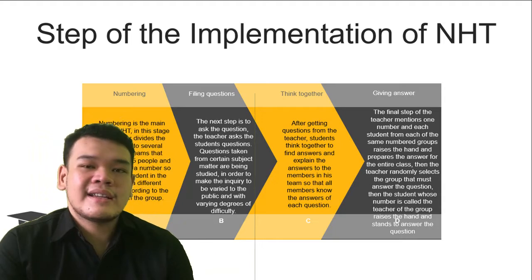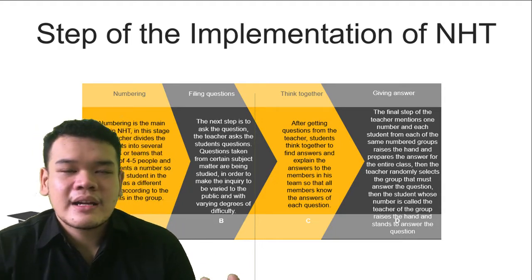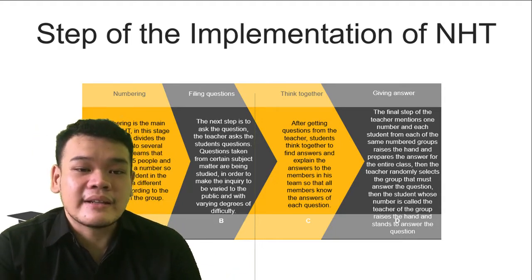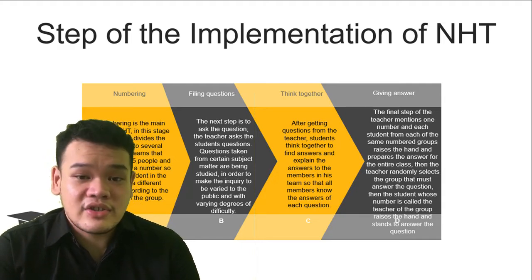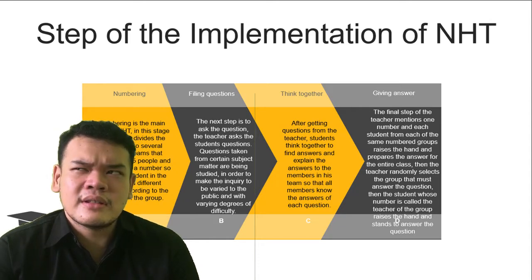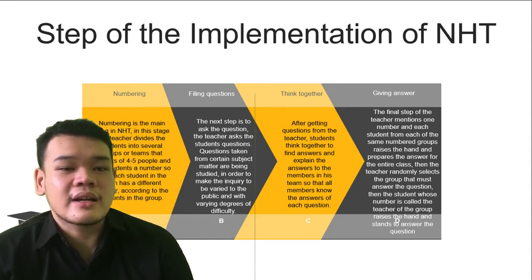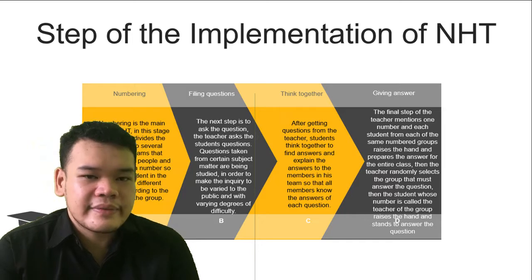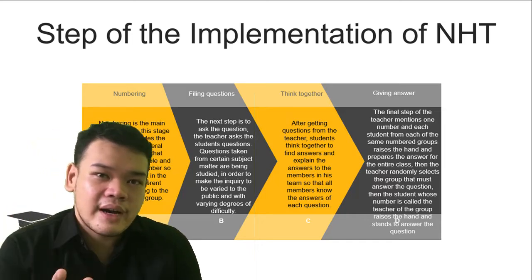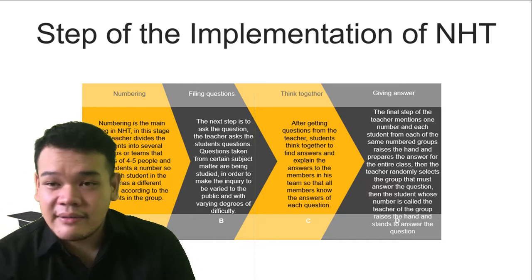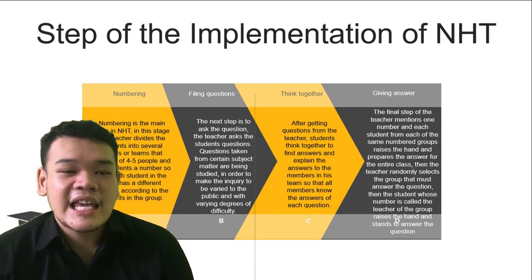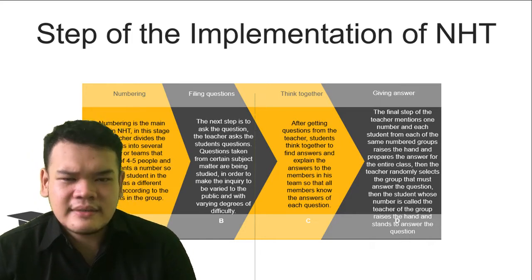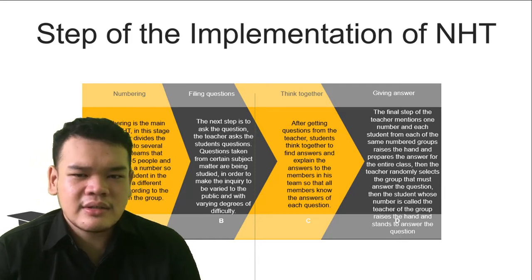Step 1 is numbering. Numbering is the main thing in NHT. In this stage, the teacher divides the students into separate groups or teams of 4 to 5 people, and gives students a number so that each student has a different number within the group.